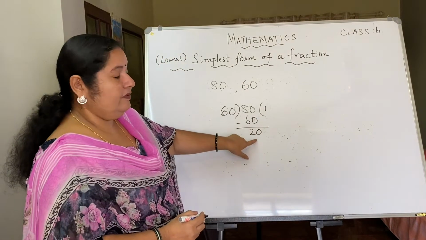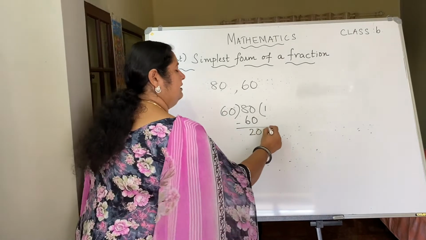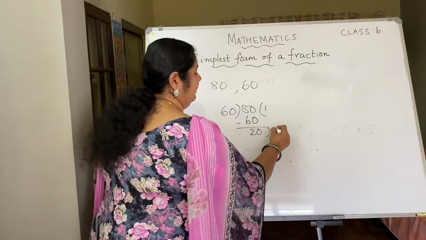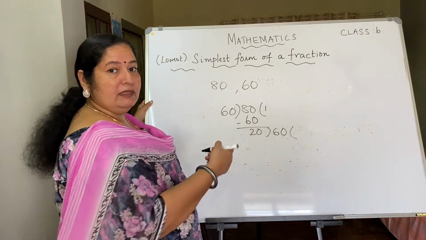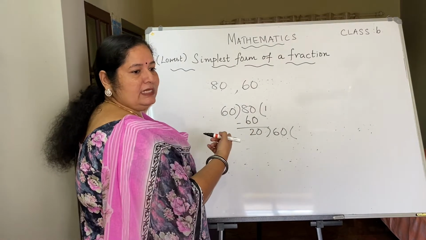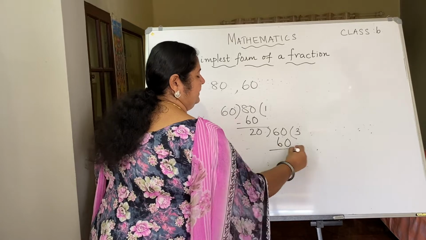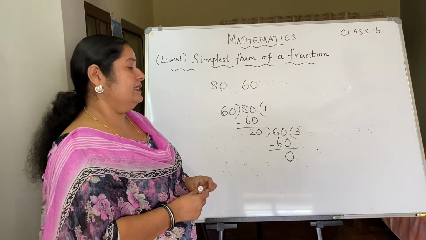Now this remainder 20 will become the divisor. And what is the dividend? The first divisor will be the dividend. So you have to divide 60 with 20. Now 20 in 60, how many times? 20 threes are 60. Subtract. The remainder is 0. So what is HCF?